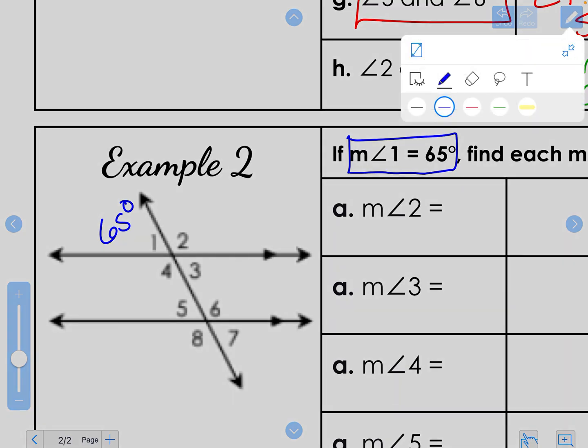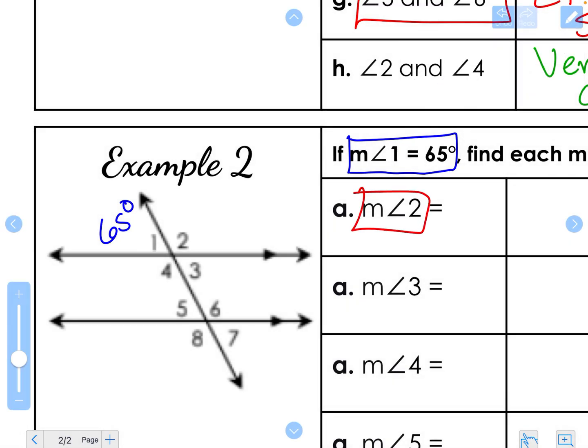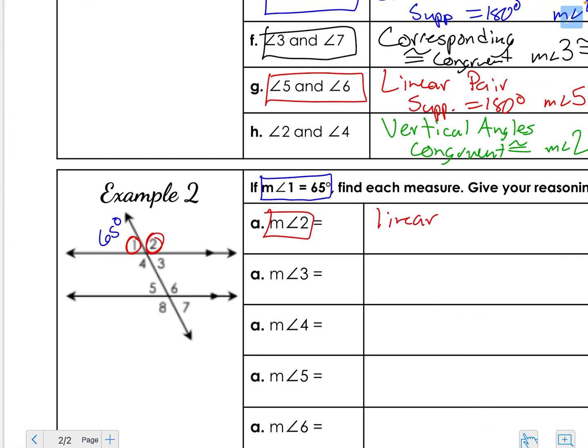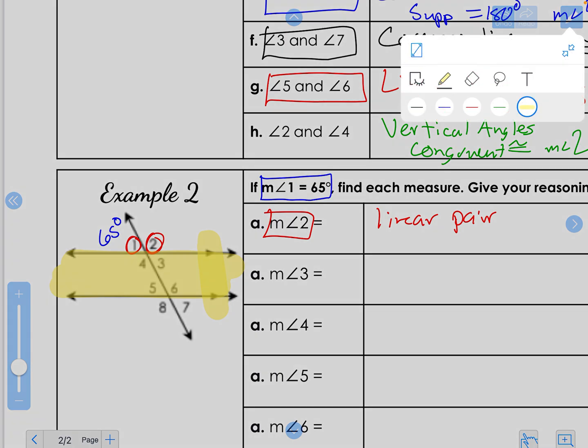So if I look at angle 1 compared to angle 2, I know that 1 and 2 are a linear pair because they are adjacent. Well, actually, first I have to notice that both of my lines are parallel. And once I know they are both parallel, I can mark interior versus exterior, which makes my life easier.